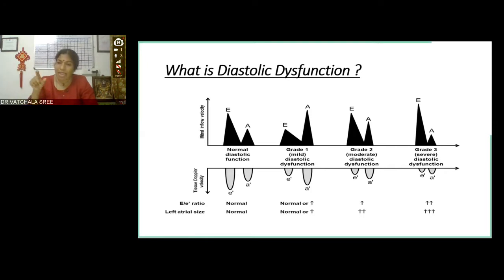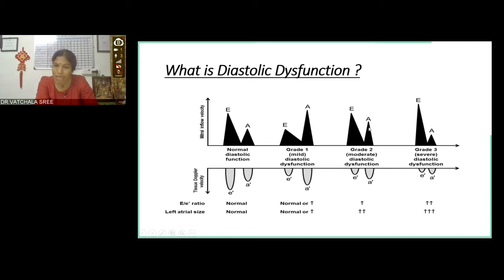So the blood going into the LV because of left atrial contraction is less, because the left atrium is not able to create so much contraction against the elevated left ventricular end diastolic pressure. Basically the A wave becomes smaller and smaller because of the increased left ventricular end diastolic pressure.